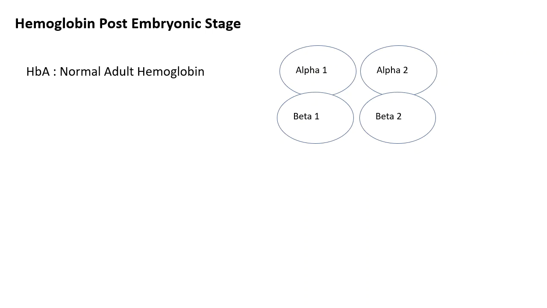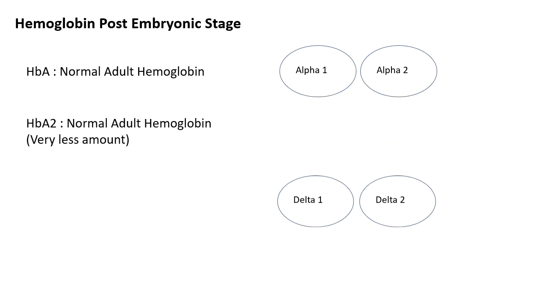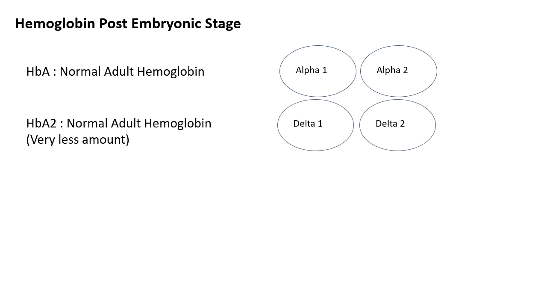So 2 alpha, 2 beta is normal adult hemoglobin. Now the other beta-like chain is the delta chain. When this beta chain is replaced by delta chain, or we can say that there are 2 alpha and 2 delta chains, it is HbA2, which is also a normal adult hemoglobin but is present in very small amounts.